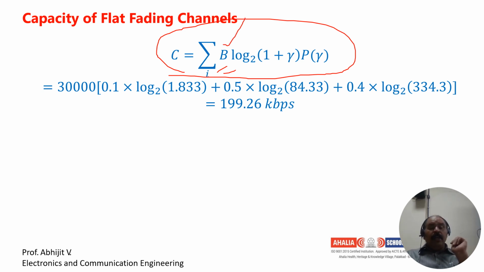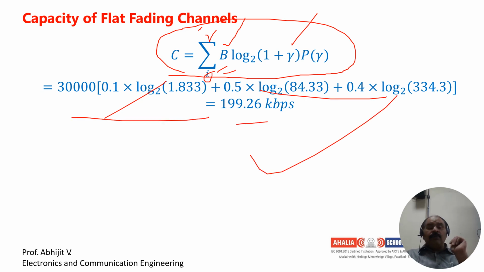We know the value of B. We have calculated gamma. Here we have three values, the first one, second one and third one. You got the answer as 199.26 kbps.